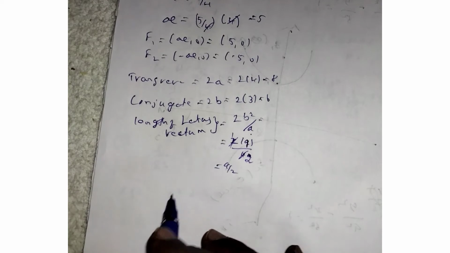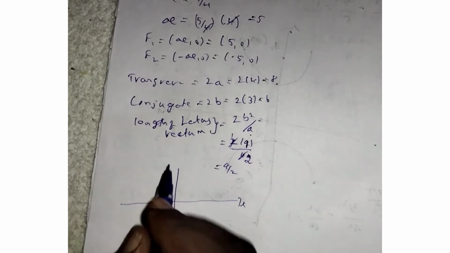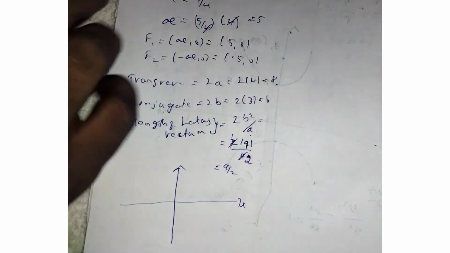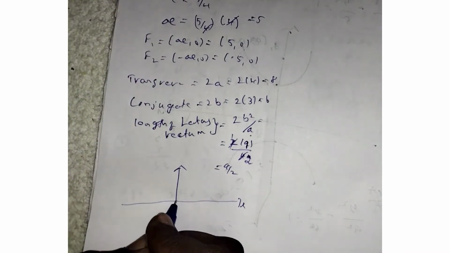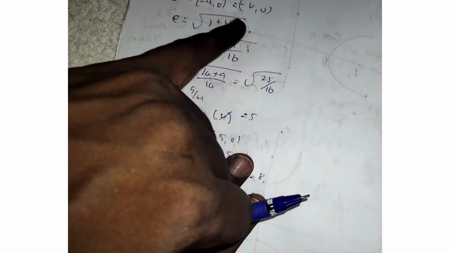Suppose they ask you to draw the diagram. Just draw the diagram for the hyperbola with x and y axes. First take the center 0, 0 as the origin. The vertices are 4, 0 and minus 4, 0.